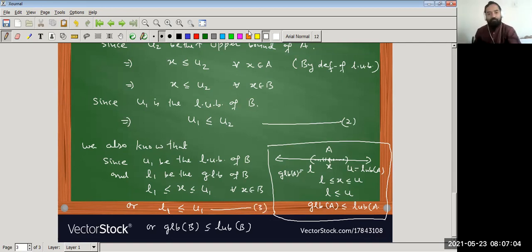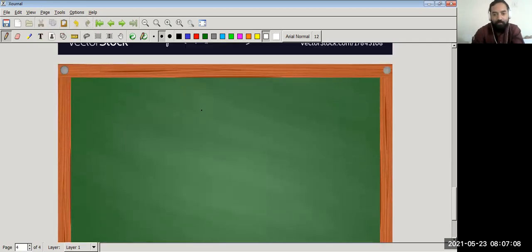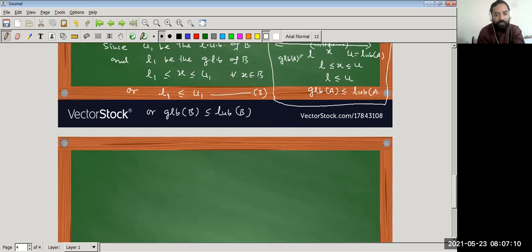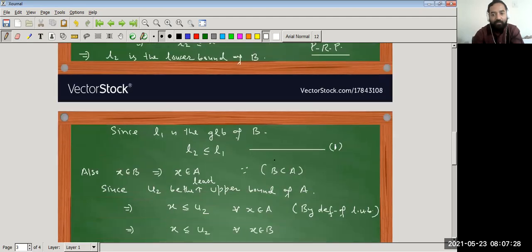Now from equation 1, 2 and 3, we get, देखो रिलेशन डिराइव करेंगे इक्वेशन 1, 2 और 3 की हेल्प से.